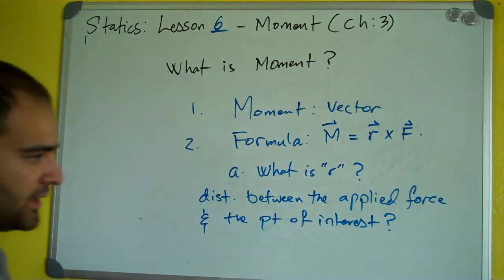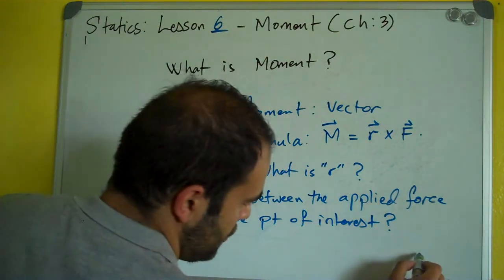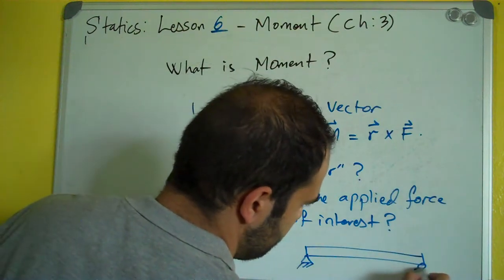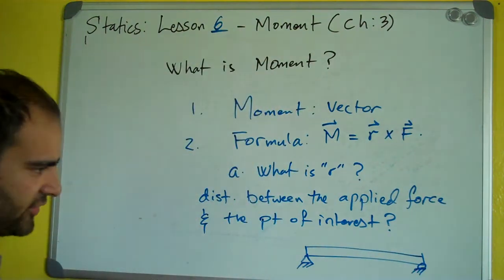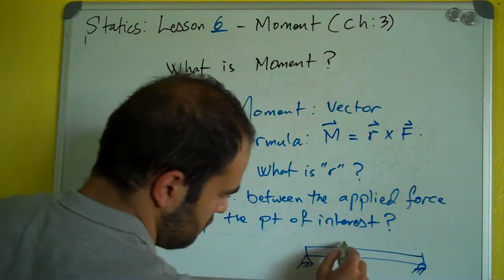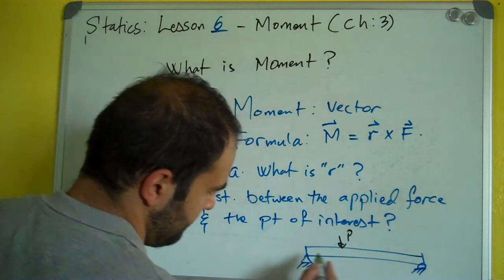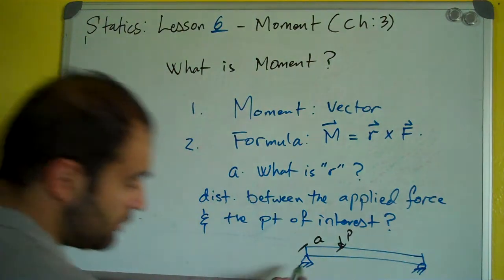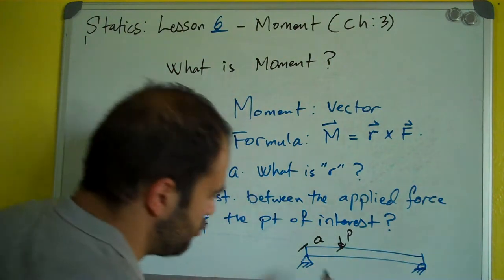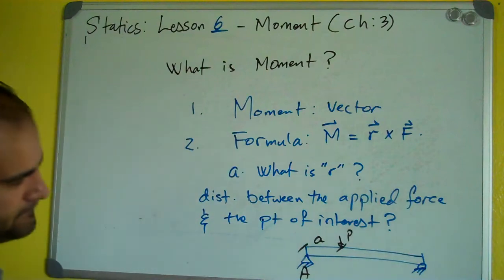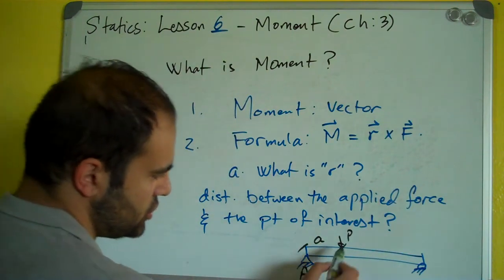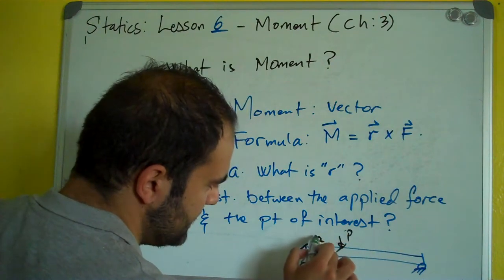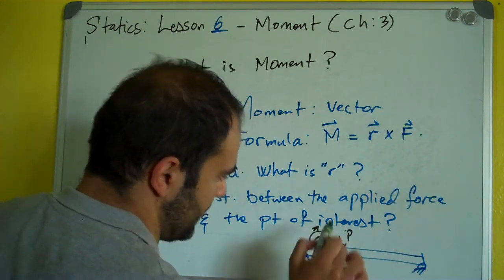What does that mean? You have this beam, for example, and you've got a force somewhere here with a distance, and for some reason you're trying to find the moment at A. What you need to do is multiply the force by the distance, and that's the distance we're talking about.